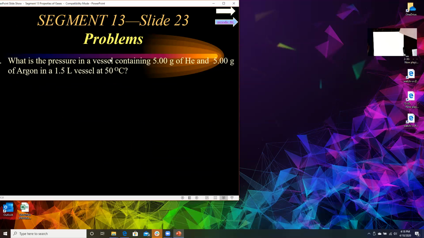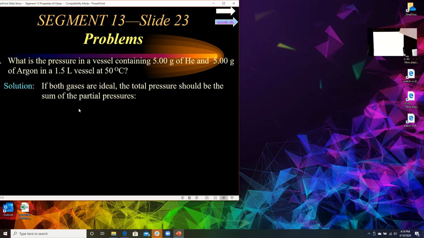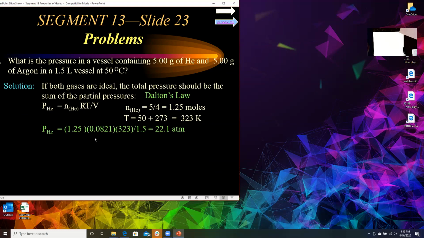Okay. What's the pressure in a vessel with 5 grams of helium and 5 grams of argon at 1.5 liters? Both gases are ideal. Total pressure would be the sum of the partial pressures. And so the pressure I would expect for the helium would be 22.1 atmospheres.